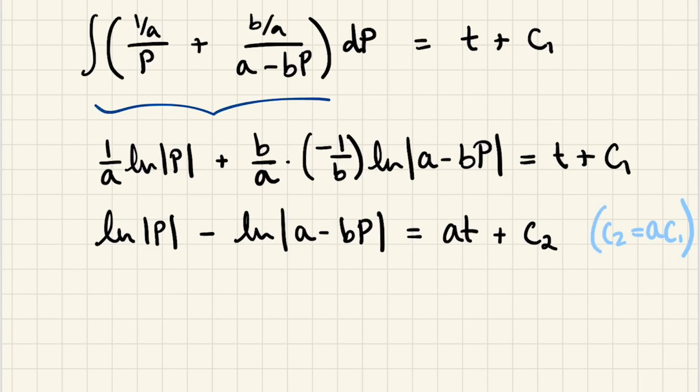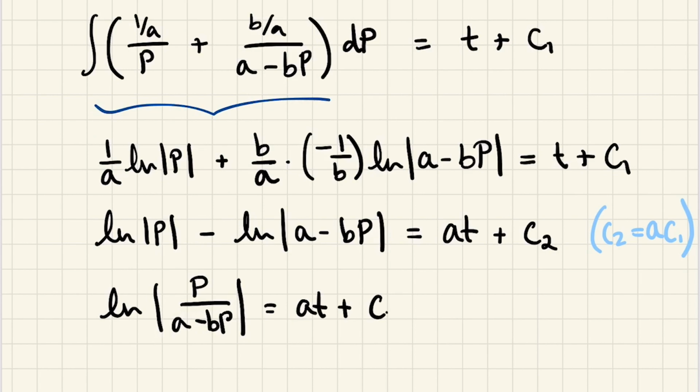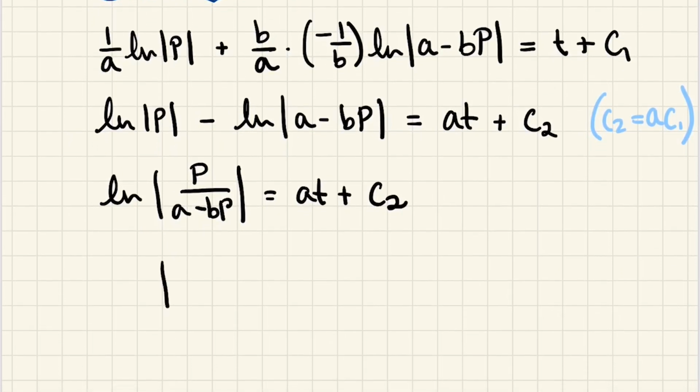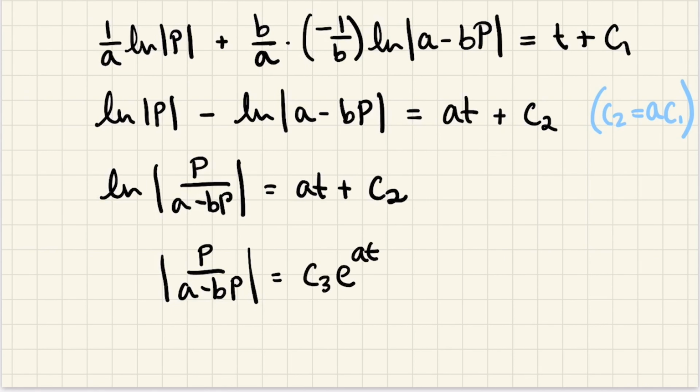A is just a constant here. We can combine these logs. And we'll exponentiate both sides. Well, we've been down roads that look like this before many times. And we can burden the right-hand side with plus or minus.